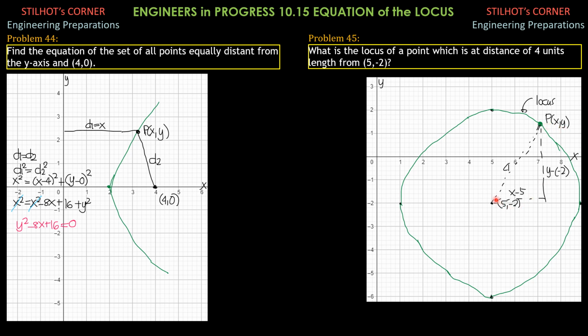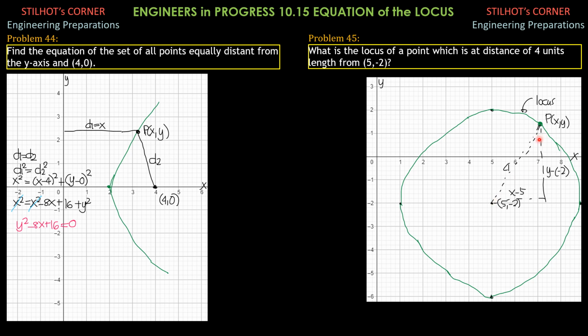So therefore, the parts of this right triangle are the right x, which is x, minus the left x, 5. So this is x minus 5, while the vertical leg is y minus negative 2. So y minus negative 2 is y plus 2, and that's the hypotenuse, which is the distance between the moving point and this fixed point.